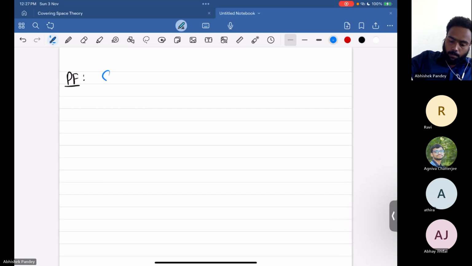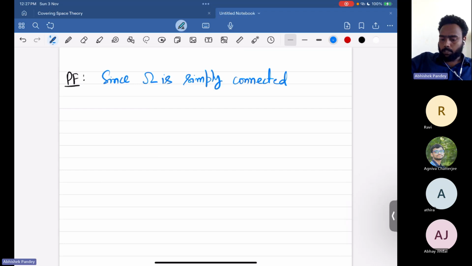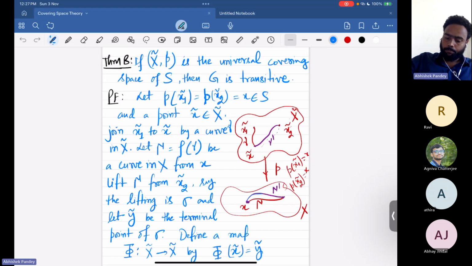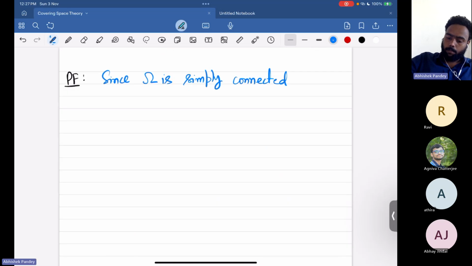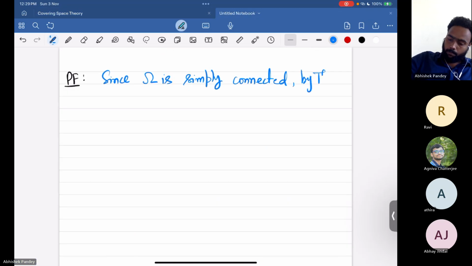Since omega is simply connected, by theorem B, G is transitive.